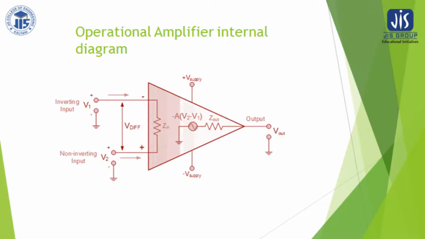So this equation is important because sometimes our output voltage may theoretically exceed to a very high value. At that time your output will be limited to this value. That is, if it is more positive compared to VCC, the output will be limited to VCC minus 1.5. So if your VCC is 15 volt, then 15 minus 1.5 gives you 13.5. That is the upper limit of the output voltage.